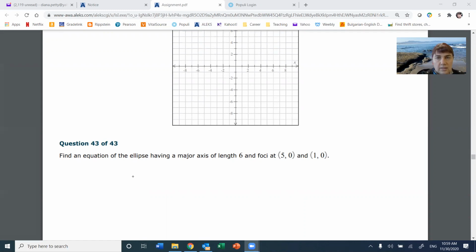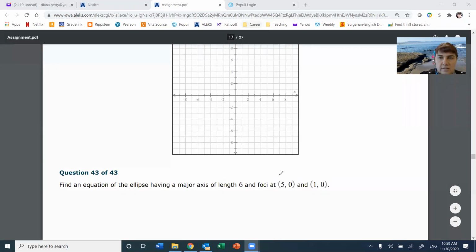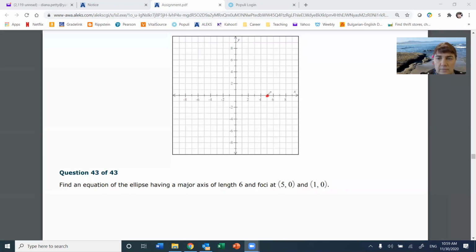So what we need to do again, I'm going to use the graph up here. Let me put the foci. The foci, foci is plural from focus, would be at X is 5. So X is 5 and 0. This is 1.